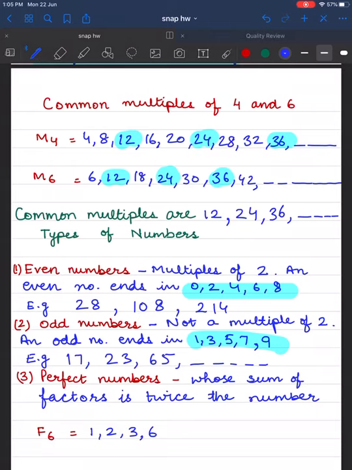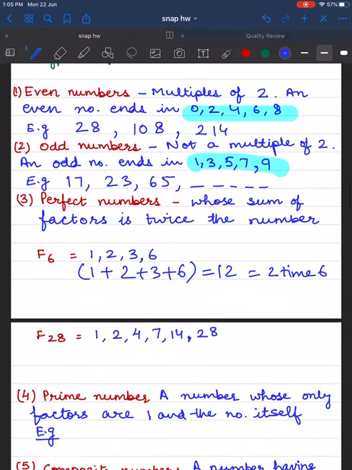Perfect number. If the sum of all the factors is twice the number, it is called a perfect number. For example, factors of 6 are 1, 2, 3, 6. Now, if we add all the factors of 6, we get 12, which is twice of 6. So, it is a perfect number.